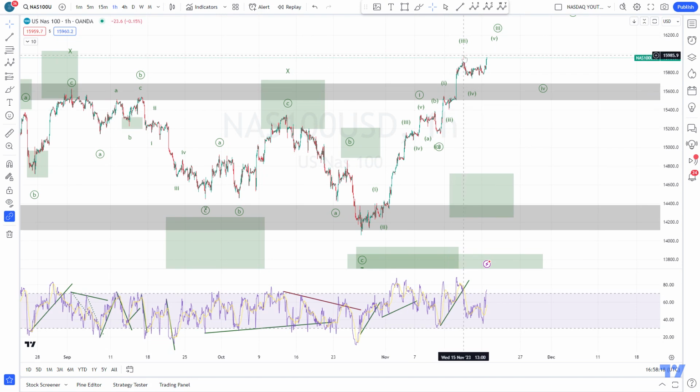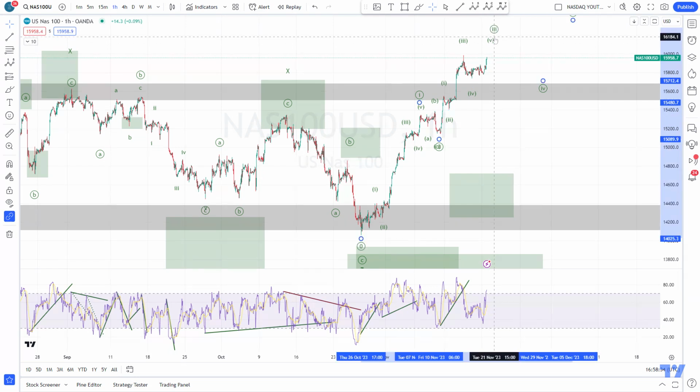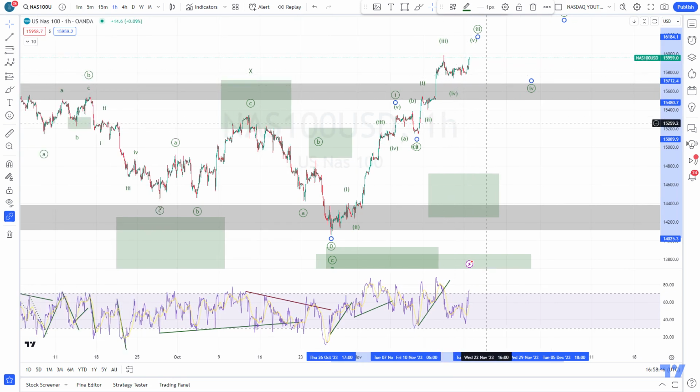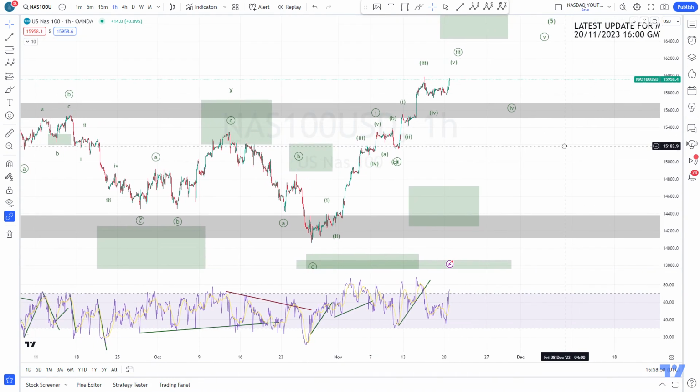Then here again, wave 3, the strongest RSI reading for now, another shallow wave 4. And so now we might be working here on the fifth wave up of this wave 3. We are having again divergence here. We broke the RSI trend line as a wave 4. So again, this looks quite good in terms of Elliott Wave theory.